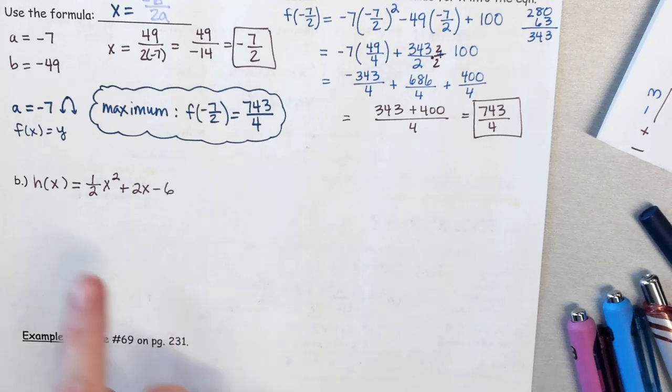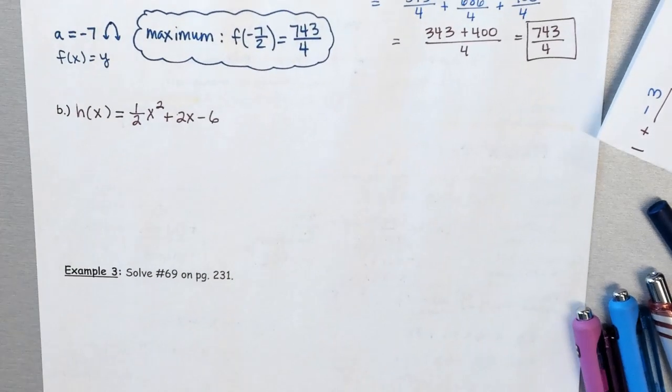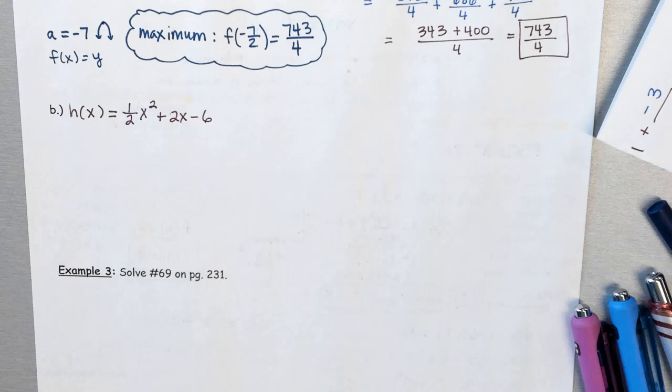Okay, and then, all right, for B, do you guys want to try that on your own? Yes, please. Okay, let's do it. So you're going to use the same formula, the opposite of B over 2A.